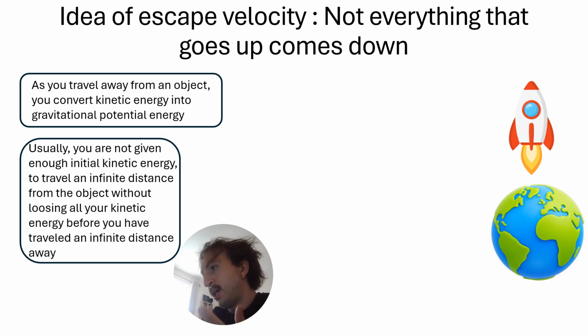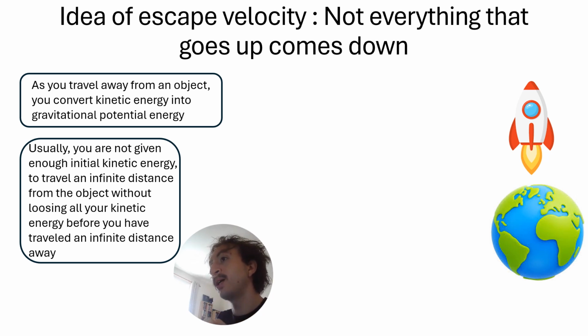And usually when you throw something up, and probably all the times you've thrown something up, it will eventually come back down. And that's because given the amount of kinetic energy you provide to the test particle, it will only be able to travel a finite distance before all of that kinetic energy has been converted into gravitational potential.